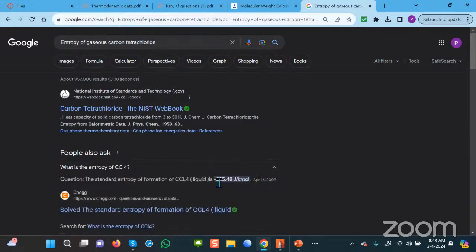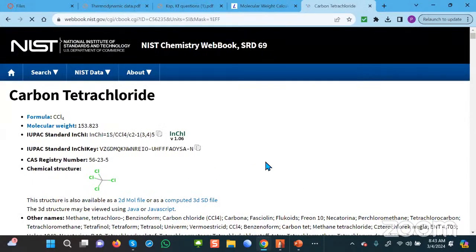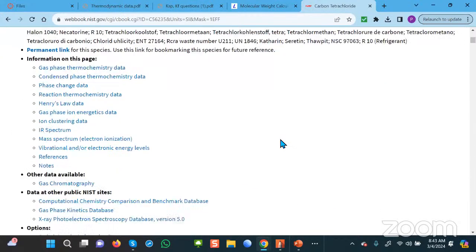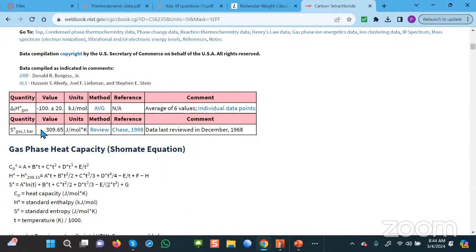Okay, so according to this right here, let me see if I can find some more reliable source like this. Okay, let's see here. Yes. According to this, the entropy of gaseous carbon tetrachloride is 309.65 joules per mole Kelvin. So make a note of that, folks, because this one is not in the table.